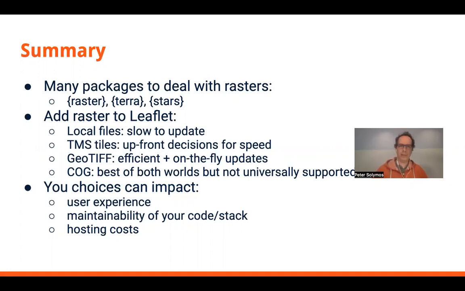Now, when it comes to adding these to a leaflet map, you can just use your local file, which gets turned into a PNG and displayed that way, or you can do this pre-processing yourself upfront using a tile map service or directly serving GeoTIFFs using the leafem package. And you can also then have overviews as part of your GeoTIFFs or save them as cloud optimized TIFFs as well.